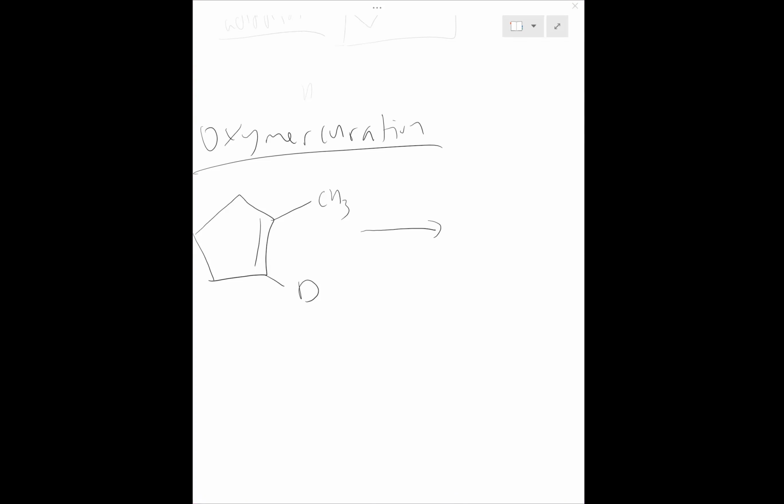But what you do need to know is that you have to number this reaction. So step one is HgOAc, remember, Ac here is acetyl, OAc is just an easier way to abbreviate it, slash H2O. Step two, NaBH4.